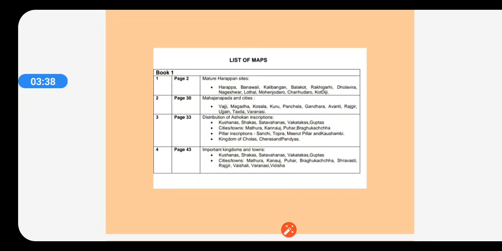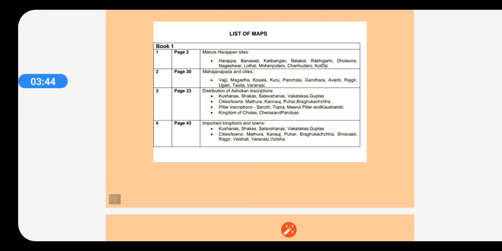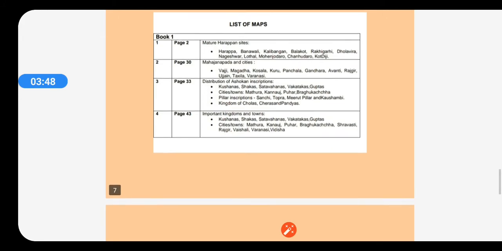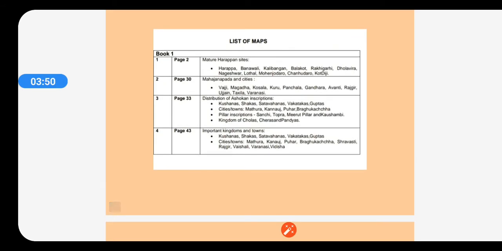I also have attached the list of maps for your class 12 history. You can see here the list of maps is according to the page number of your book. Like in page number 2 you can get the mature Harappan sites like Harappa, Banavali, Kalibangan, Balakot, Rakhigari, Dholavira, etc. In page 30 you can get the name of Mahajanpadas and cities at that particular time.